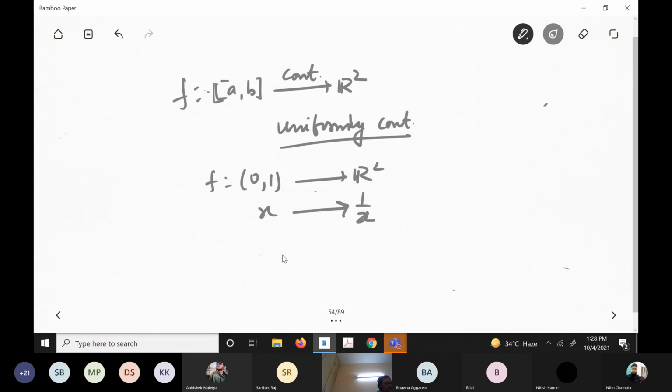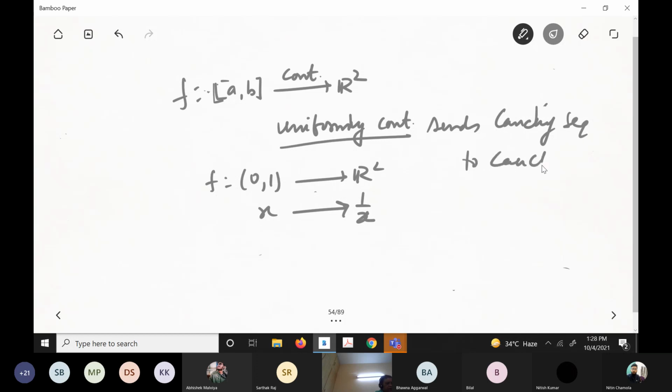This is continuous, not uniformly continuous. Why is it not uniformly continuous? You can check that a uniformly continuous map will always send Cauchy sequences to Cauchy sequences. Look, a continuous map sends convergent sequences to convergent sequences. A uniformly continuous map sends Cauchy sequences to Cauchy sequences, that is, the image of a Cauchy sequence is a Cauchy sequence.